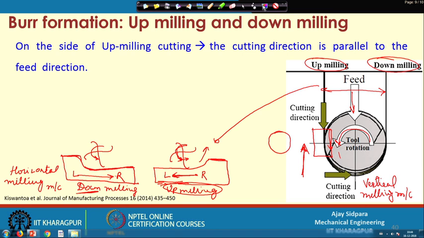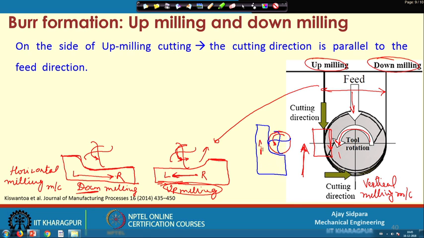Let us draw it here. This is your cutting tool, and this is your workpiece. This one is now moving in this direction, and this cutter is moving in this direction.